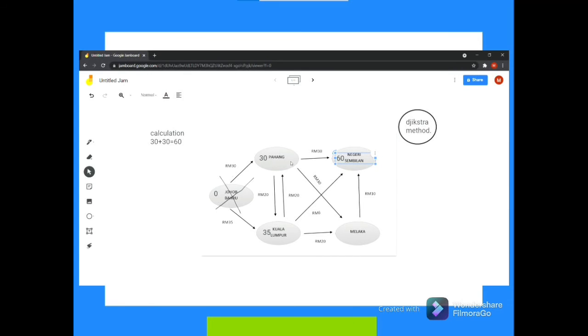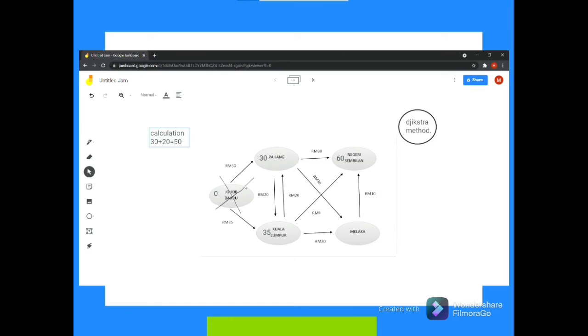After that, we count from Johor Bahru to Pahang to Kuala Lumpur, which is 30 plus 20. So 30 plus 20 is equal to 50. Since 35 is lower than 50, we keep the price at 35.